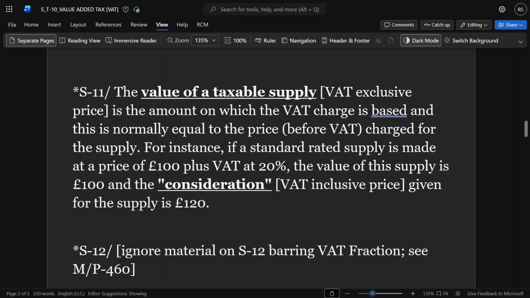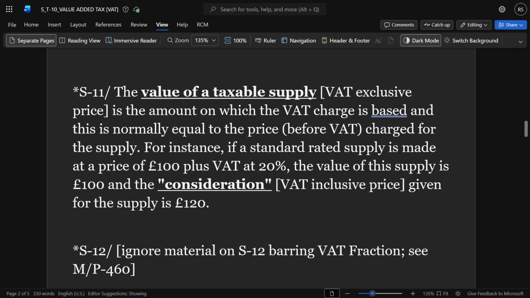Yeah, so we have the concept of value of a taxable supply, which is equal to the VAT exclusive price. Then we have the consideration, which is the VAT inclusive price, which means it is the value of the supply plus the VAT. If you add the two, you get the VAT inclusive price, also called the consideration.